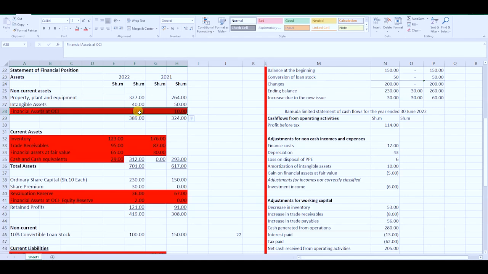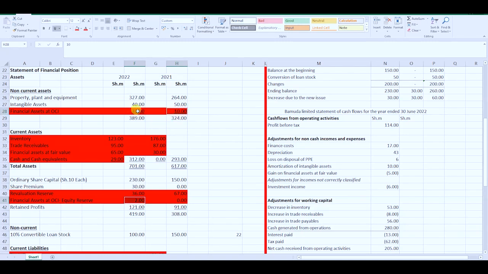Now, within the year 2022, there was a reserve that was provided for, and it's represented by this value right over here, the 2. Because this was provided for as a form of equity reserve, this value plus that value will give us a total of 12.